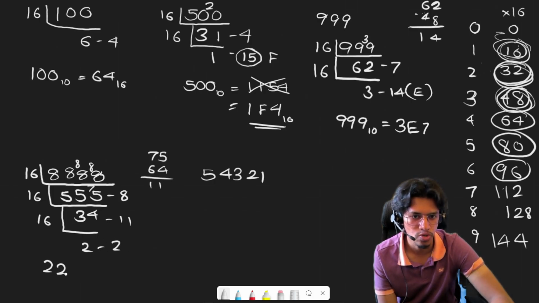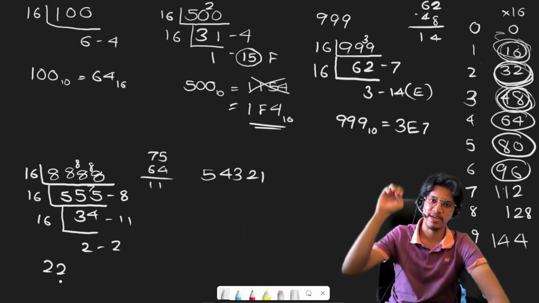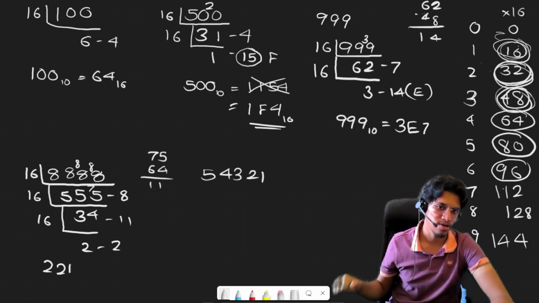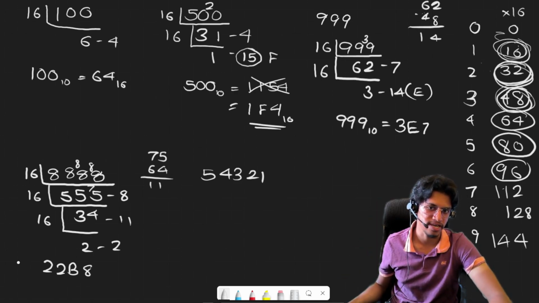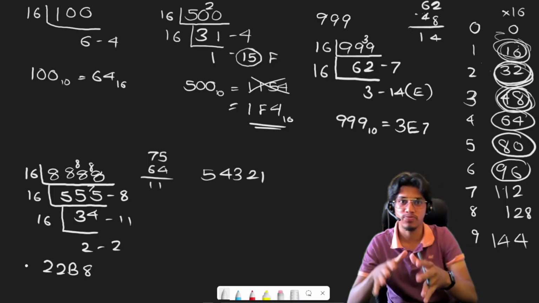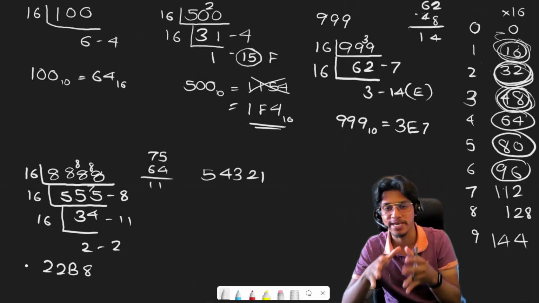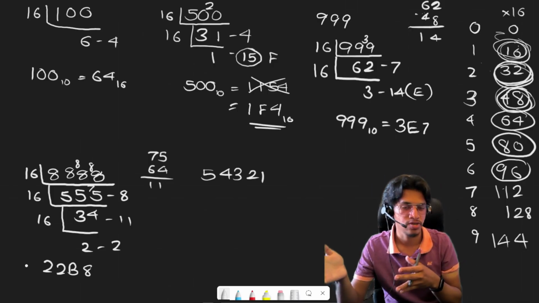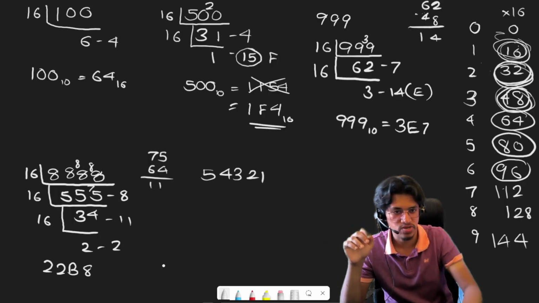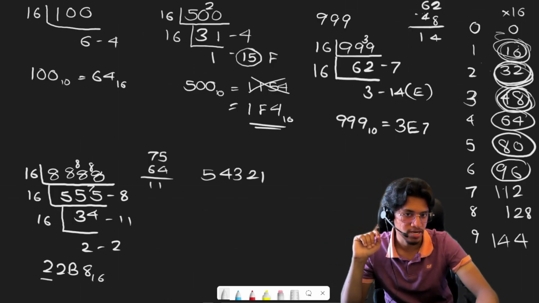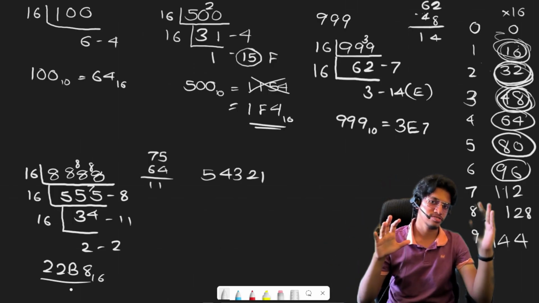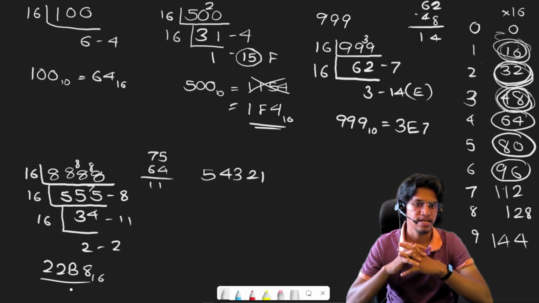So 2, 2, and for 11 we get B. 2, 2, B8. Is that clear? And also make sure that you write your B like a B, not like an 8. All right, that is the answer for that one.